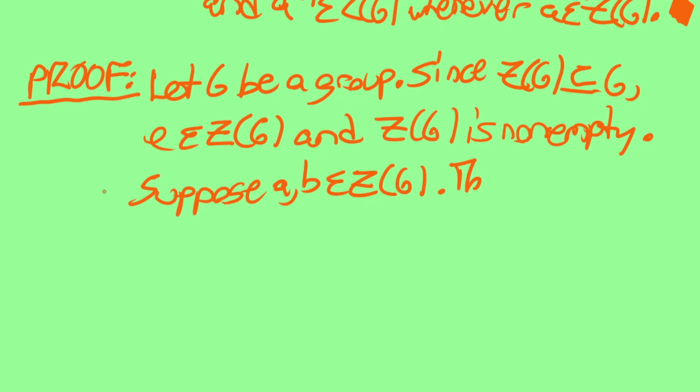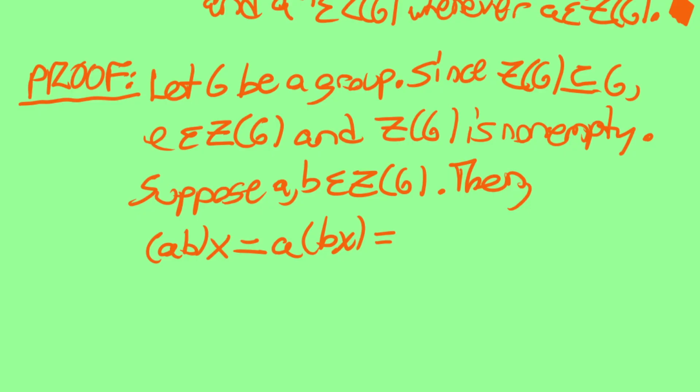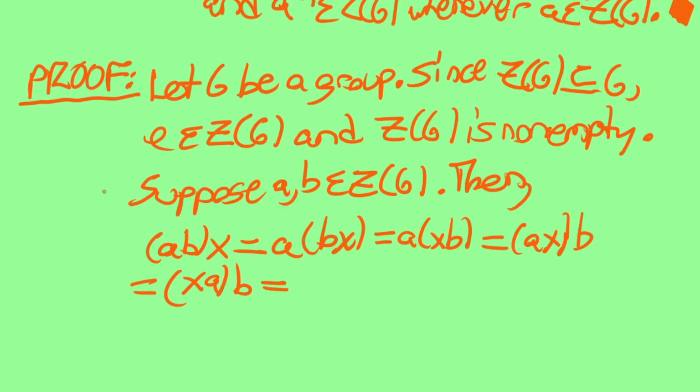So then ABX equals AXB equals XAB equals X times AB for all X that are elements of the group.